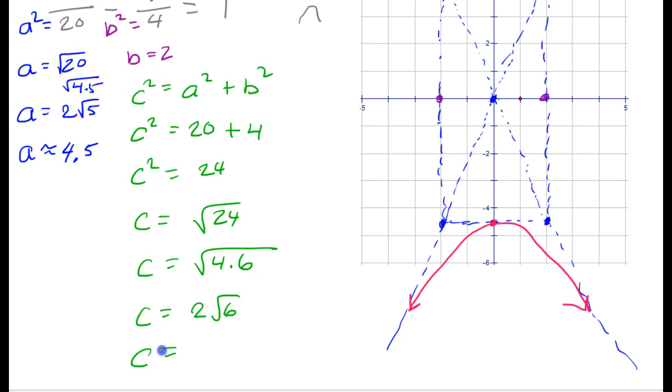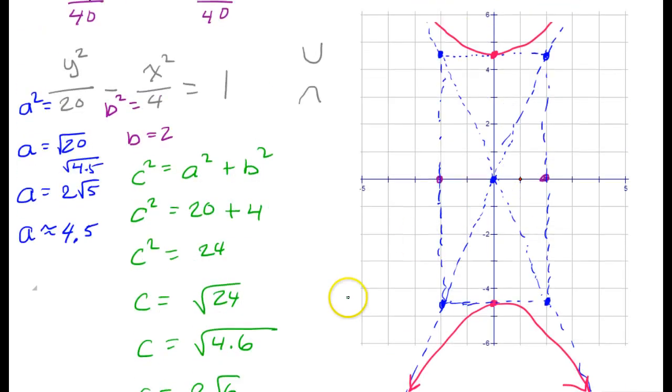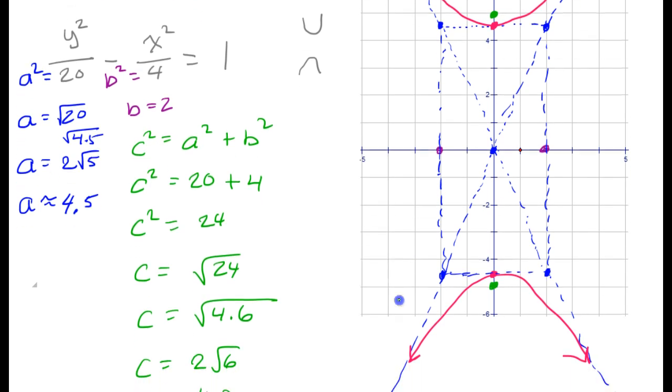For graphing purposes, it would be useful to know the decimal approximation. It's approximately 4.9. So here's 4. So 4.9 would be right about here. And if I go 4.9 in the other direction, that's right about here. When I label these, I cannot use 4.9.